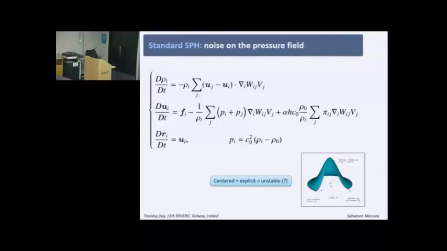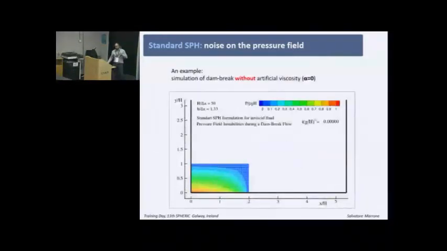So, in some way, if you see this in 1D, we have central differences, and we are explicit in time. So we should be unstable, as in the finite difference scheme. But actually, we should agree on what we mean by unstable, in the sense that SPH is never unstable because it's conservative, in the sense that, as Matteo explained, we always conserve the energy.